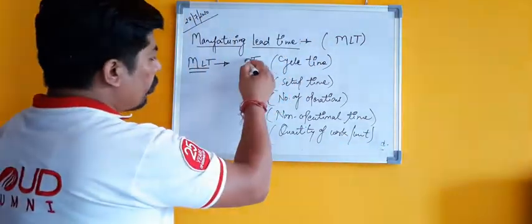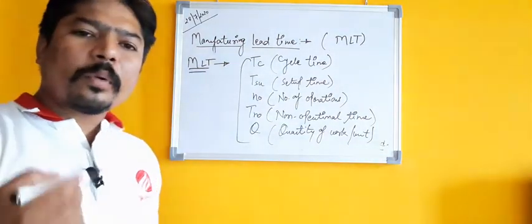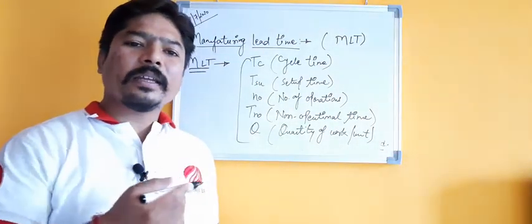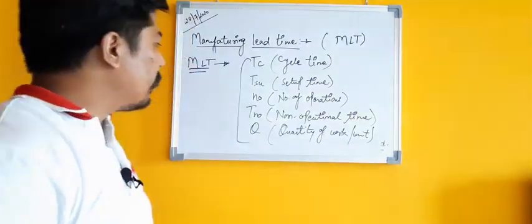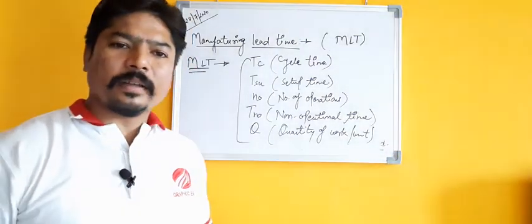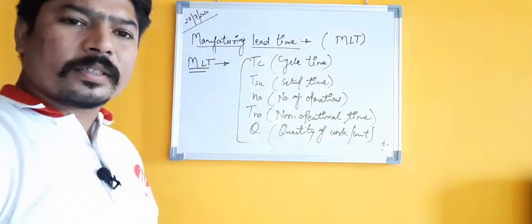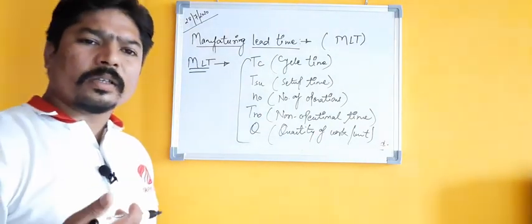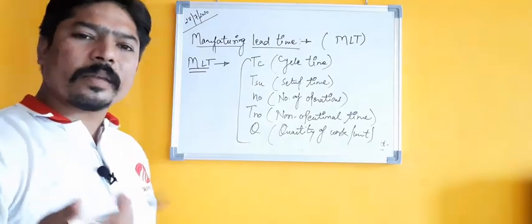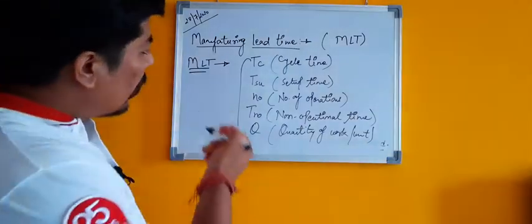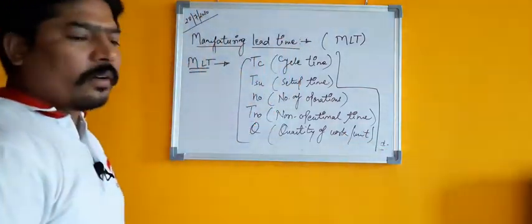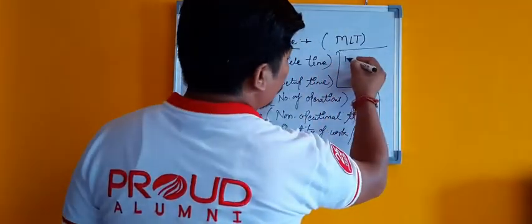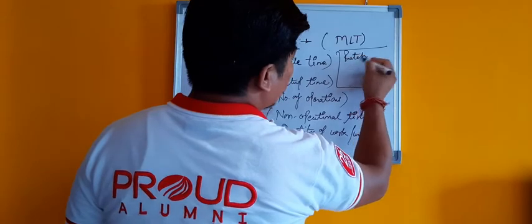If we are talking about different production systems, as we already discussed in our earlier classes, we have different production systems available, like the mass production system, batch production system, or job-wise production system.